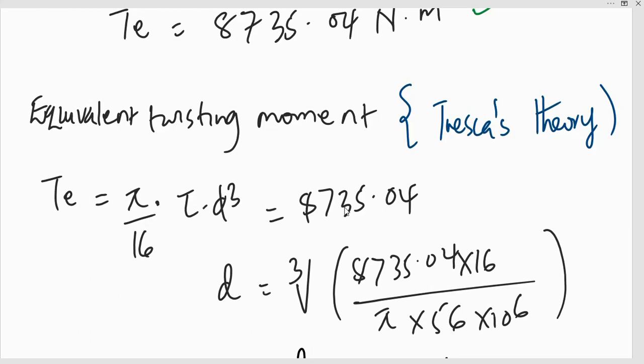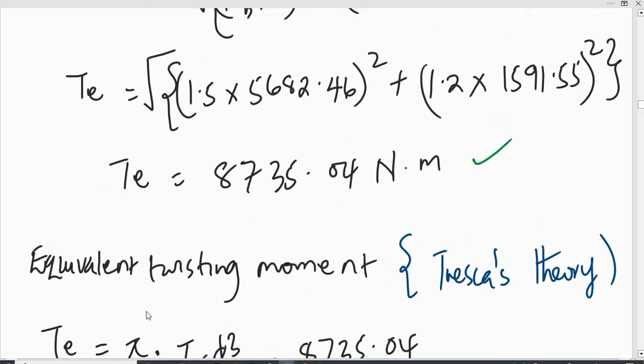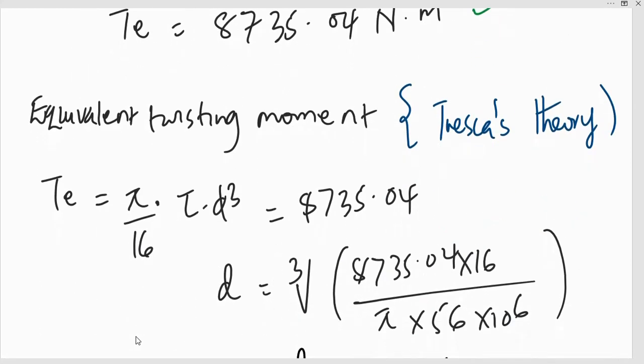The two are equal, so I equate them: pi over 16 times tau times D to the power 3 is equal to 8735.04. The diameter D is going to be the cube root of 8735.04 times 16 divided by pi times tau. Tau is 56 times 10 to the power 6.